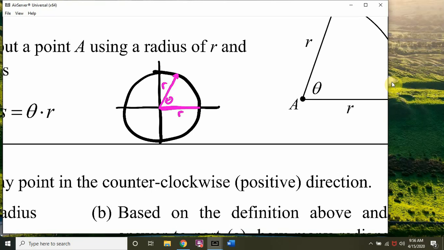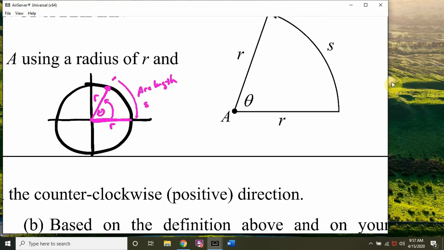We have this circle centered at the origin. These segments represent the radius. Here's the angle I measured around the center of the circle. This is called the arc length, which they're labeling with the letter S. Okay, that's what's going on here.